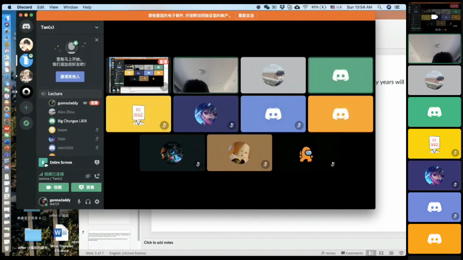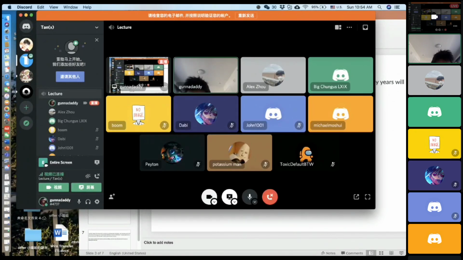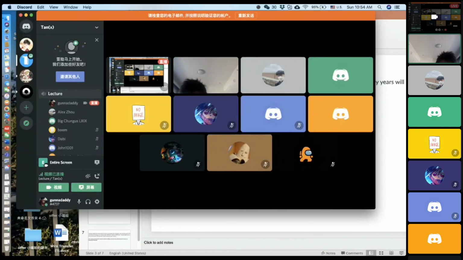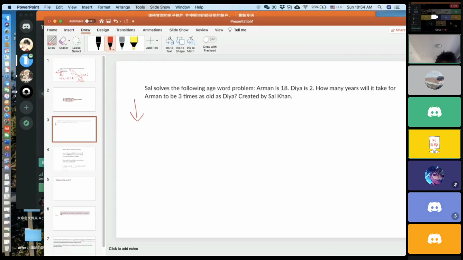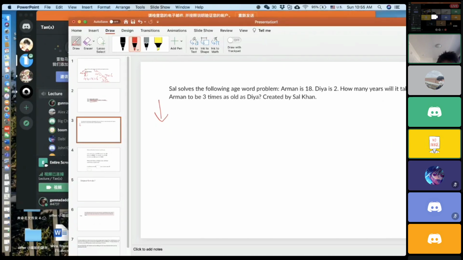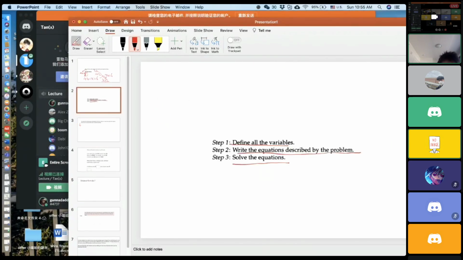There's a student that's not willing to collaborate with his teacher. All right. So do you want to do it according to the steps? Define all the variables, write the equation described by the problem, and then solve the equations?